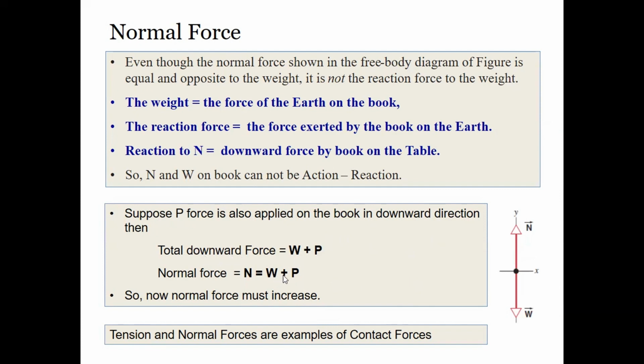It will be the weight plus the applied force, because the book is still stable on the table. Therefore, the balance of these two forces is taking place. So we can safely say that tension and normal forces are examples of contact forces. Whenever two objects are in contact with each other, tension can be there and normal forces can be there.